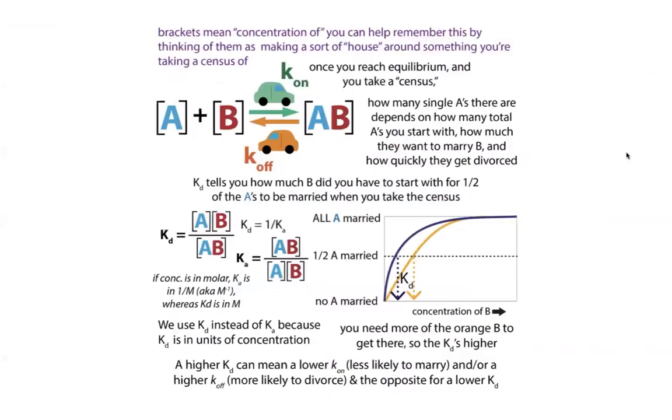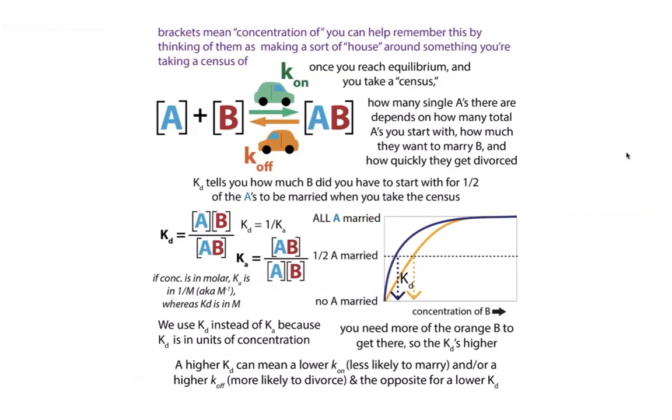Bottom line, KD is a measure of the binding strength, but it's actually an inverse of your binding affinity constant. This means that a lower KD is going to mean a stronger interaction, and a higher KD is going to be a weaker interaction. The strength of the interaction is going to depend on both K on, kind of like your probability of binding, and your K off, or your probability of unbinding.